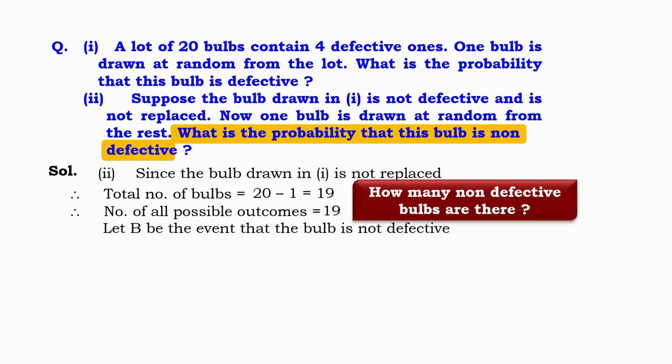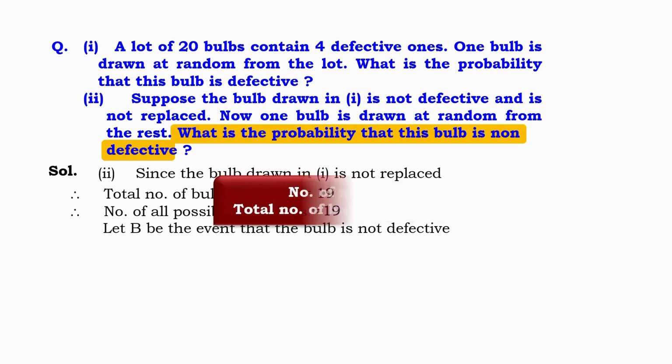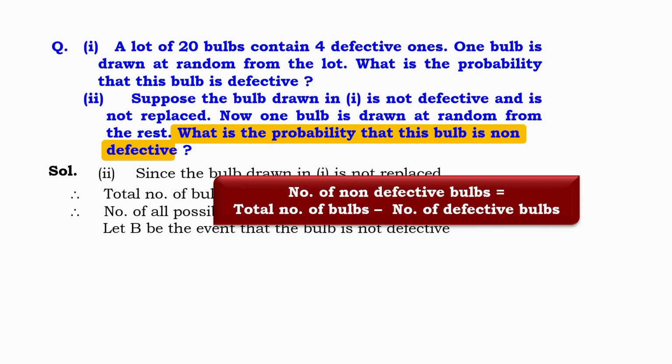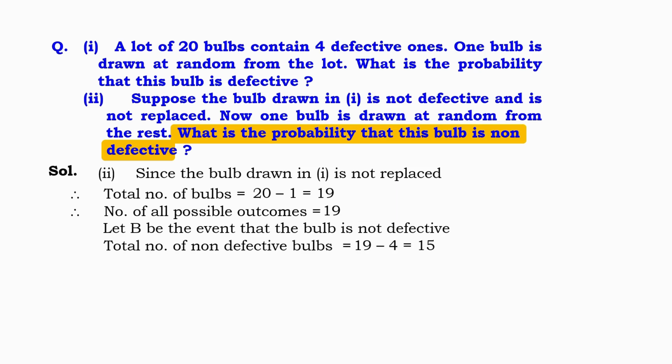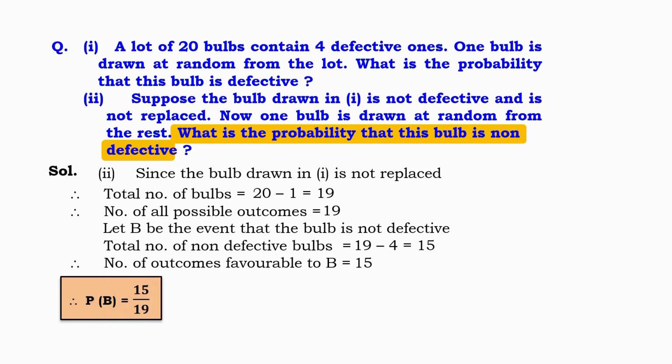So how many non-defective bulbs are there? The number of non-defective bulbs will be equal to 19 minus 4, that is equal to 15. So the number of outcomes favorable to B will be equal to 15. So the probability is 15 by 19. Okay.